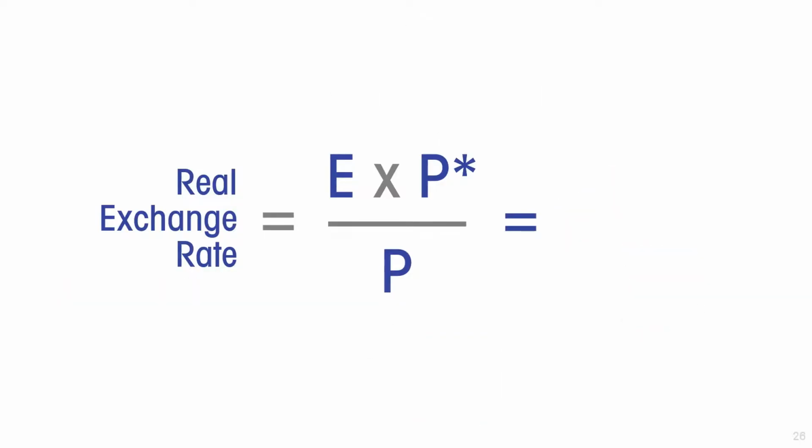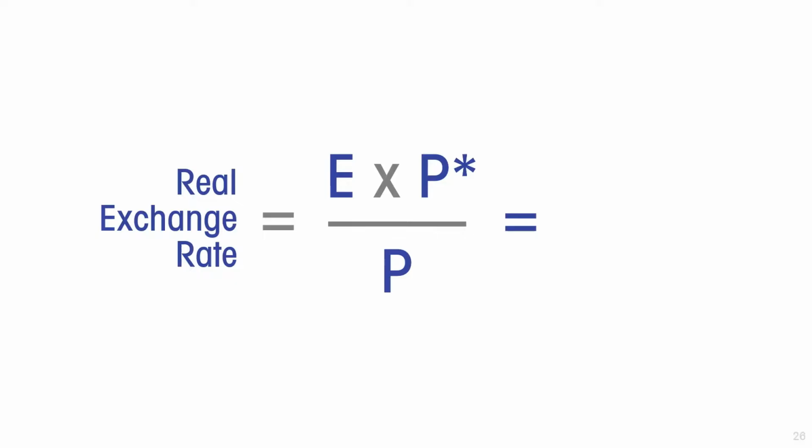So the implication of this, taking both of those exercises into account, is that we can know what is happening to the real exchange rate by simply comparing the rates of inflation in the two countries, in the two currency areas, as long as the nominal exchange rate, represented by E, is constant.